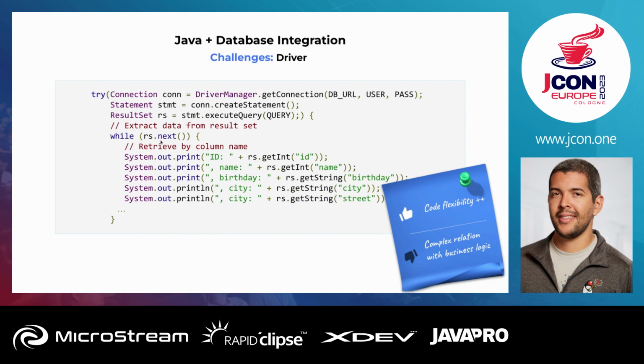As you can see, I open the connection, get the result set based on the query, and then start returning the information. This way, I'm close to the database. I can use a data-driven approach. However, it's far from the business, so I need to write a lot of boilerplate to convert that to my code.